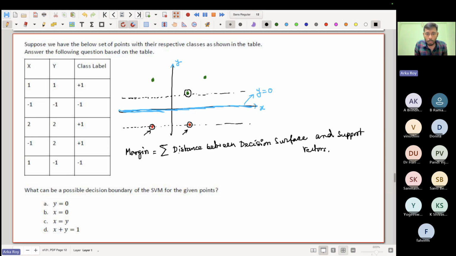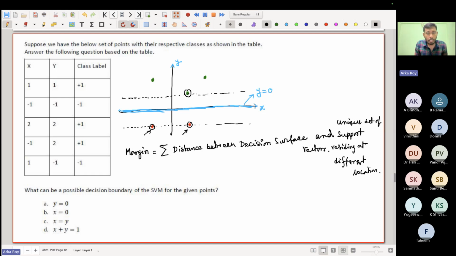So the equation would be distance between decision surface and unique set of support vectors residing at different locations.